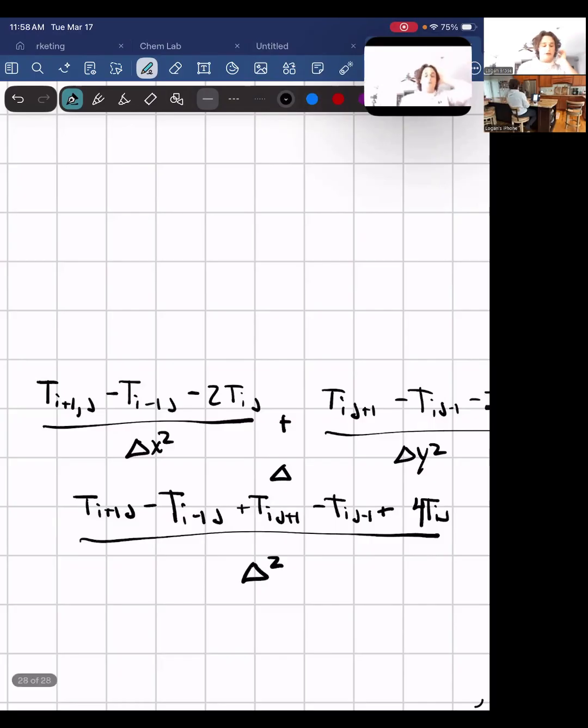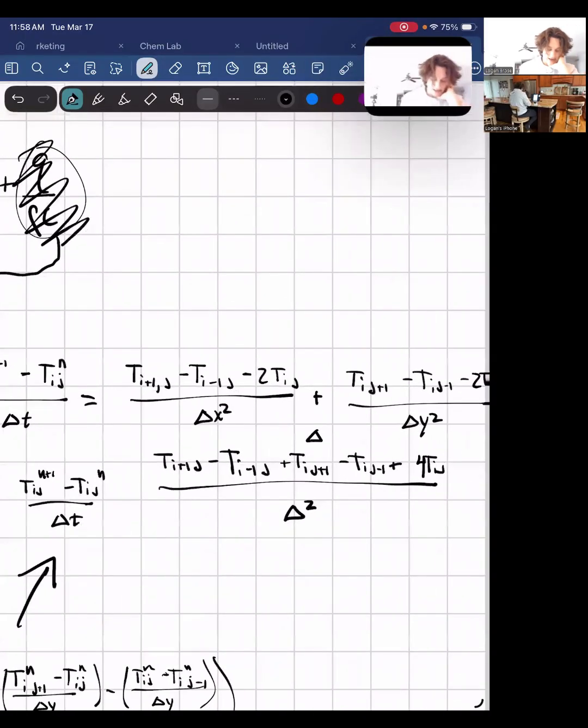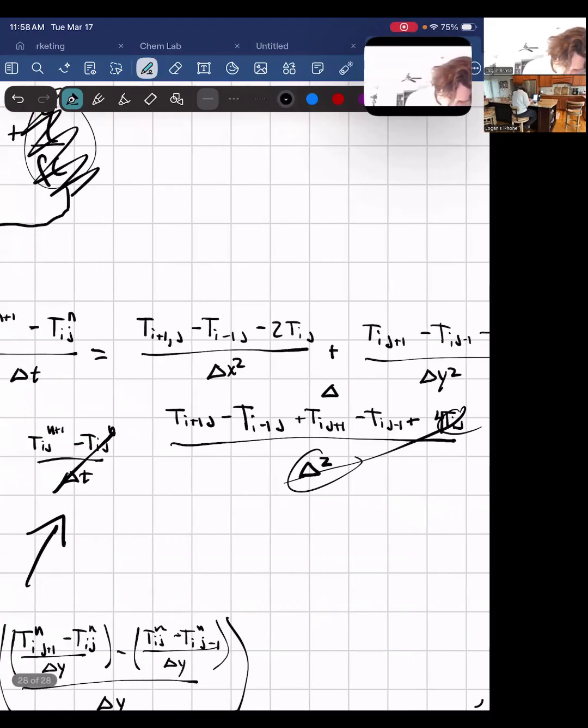Now, when we do this, this is still equal here, right? So T i j n plus 1 minus T i j n over delta t. We can then take out, right, these terms here are going to cancel our T i j over delta t, right?